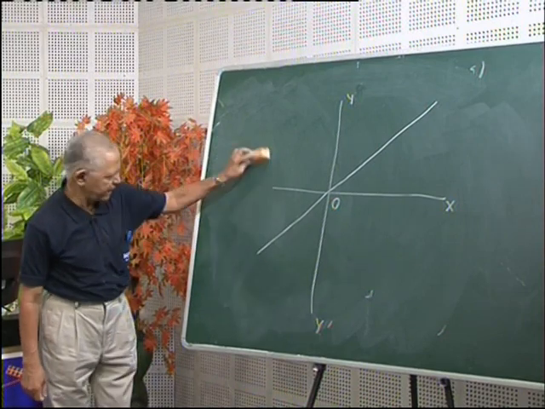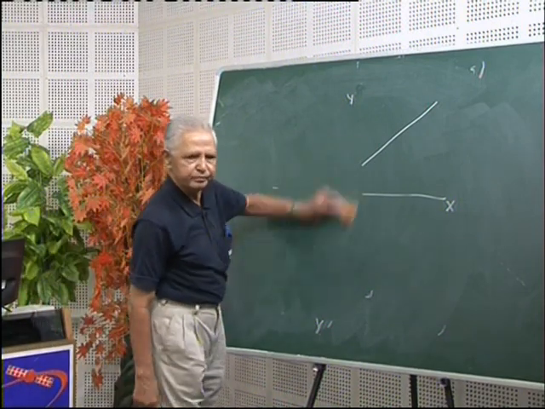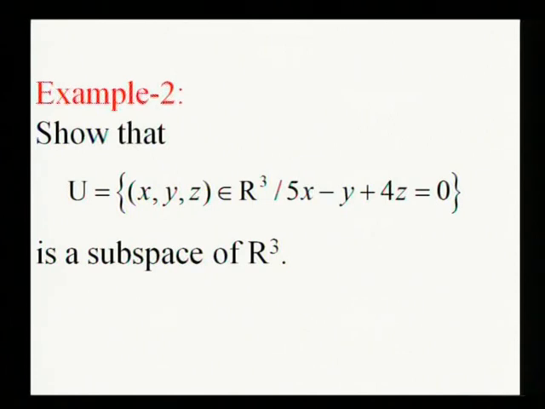Now, let us go to our second example. Our second example is U is equal to all vectors (x, y, z), triples belonging to R3, for which 5x minus y plus 4z equal to 0.